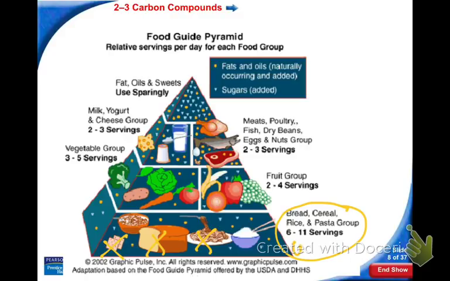And we should look for whole grains. Those are actually better for us. Then we have built on that our fruits and our vegetables, then our dairy and our meats, and then fats and oils very sparingly. So it's in a pyramid to show you proportionately how much you should be trying to eat. And this changes a little bit over time.